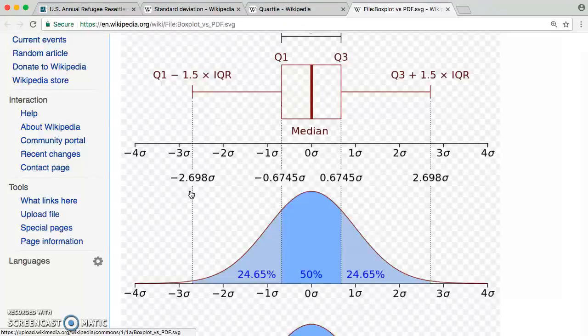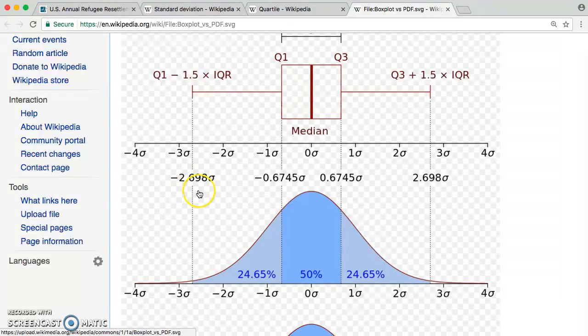Okay, so earlier we talked about how any z-score greater than 3 or less than -3, anything more than 3 standard deviations from the mean, is unusual, right? Definitely unusual. Likewise, what this is introducing is the idea that anything above the upper bound or below the lower bound is pretty unusual.